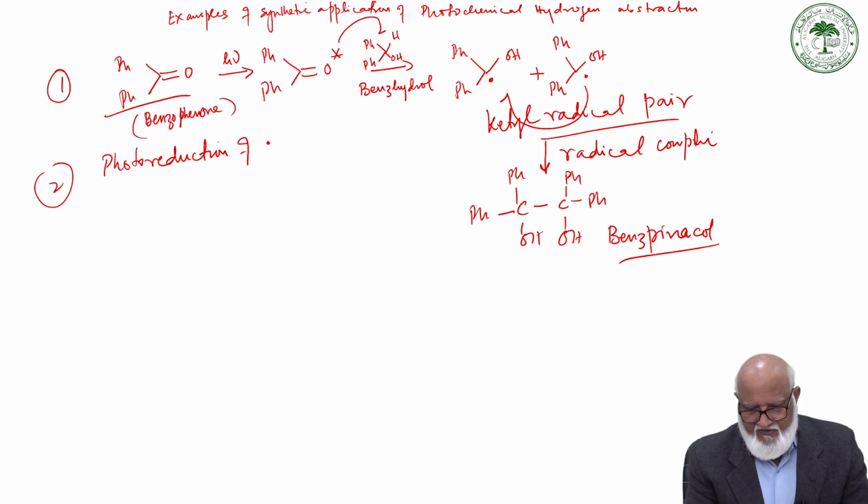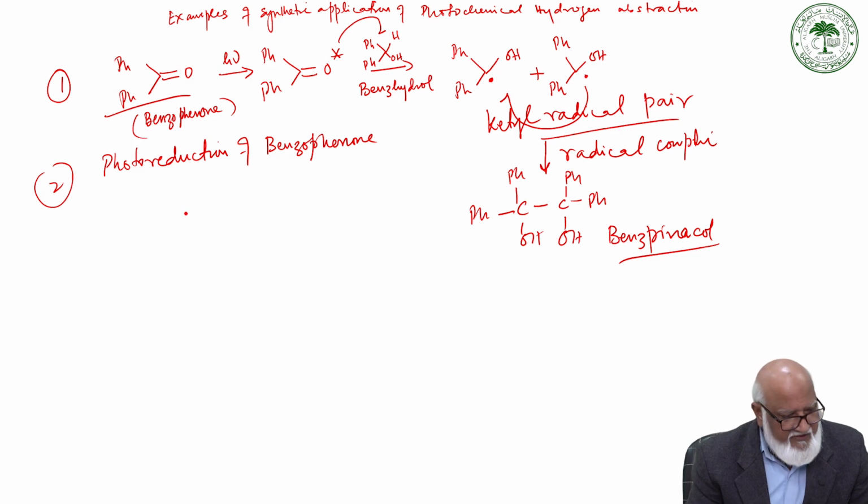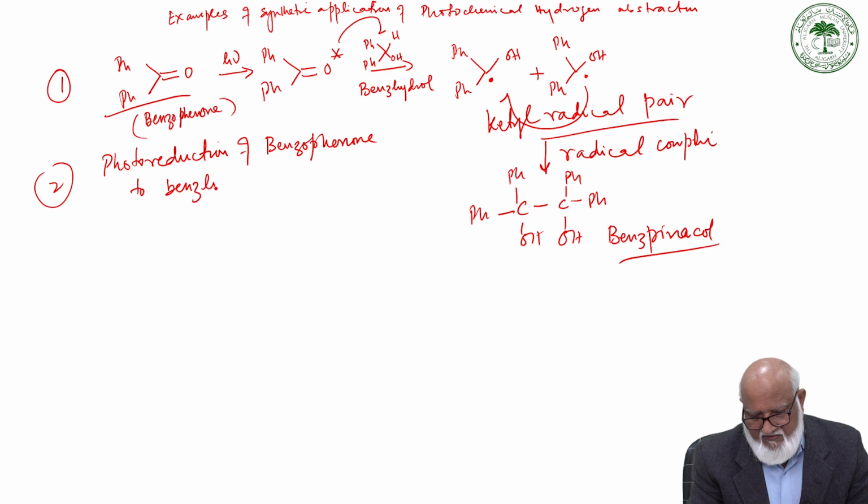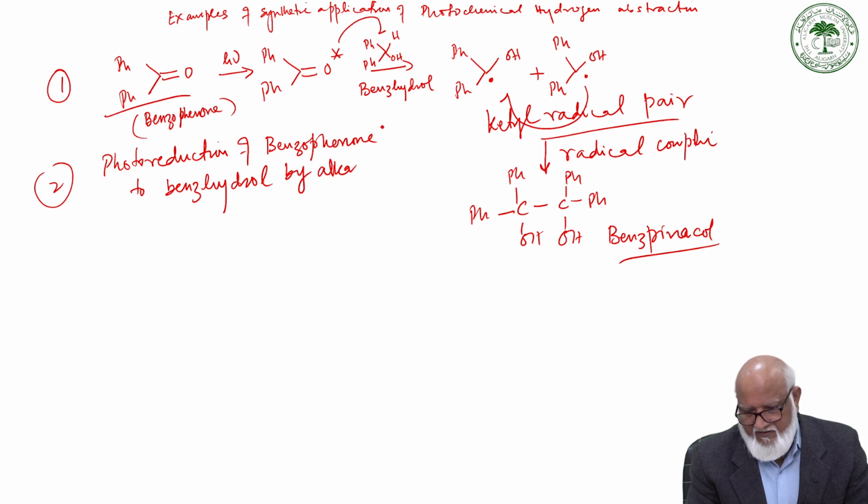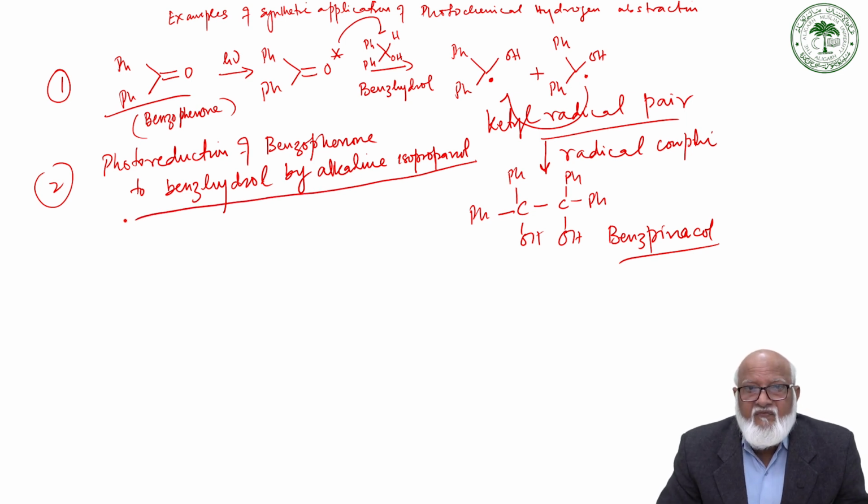So the photoreduction of benzophenone to benzhydrol by alkaline isopropanol. This is the second example of hydrogen abstraction by the excited carbonyl to give a synthetically important compound.